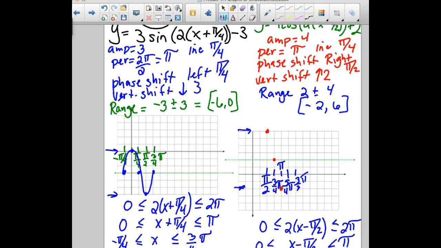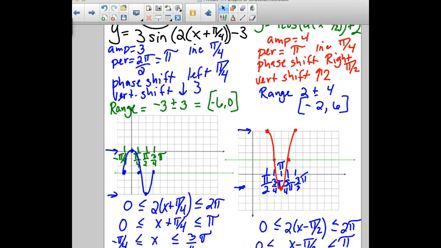Then we're back at 0, which is actually at 2 now, and then back at our high point. So does it look like I'm bouncing the same space above and below that green dotted line? Okay, and that should always happen. It should be the same distance up and down from that dotted line. It's just not at the x-axis anymore.